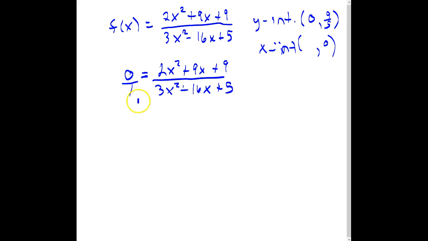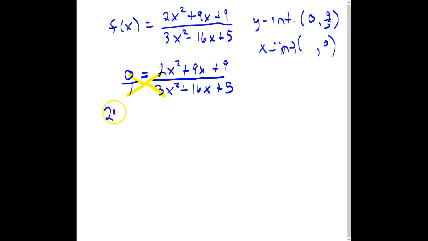So we could do cross multiplication, which is this times 1, and then 0 times 3x squared minus 16x plus 5, which is going to be 0.